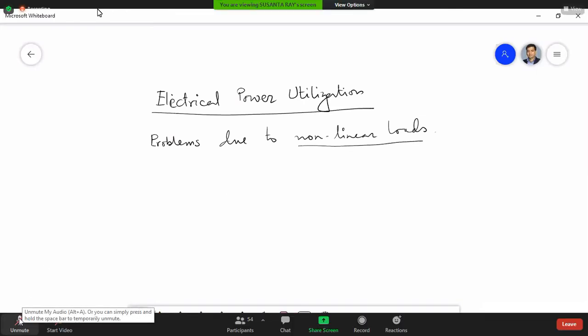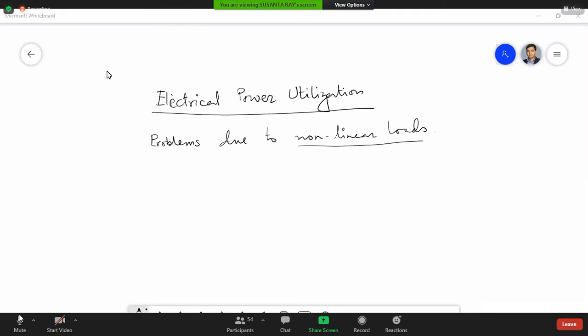Anybody? Non-linear load? Anybody? So you give us the example. Non-linear.